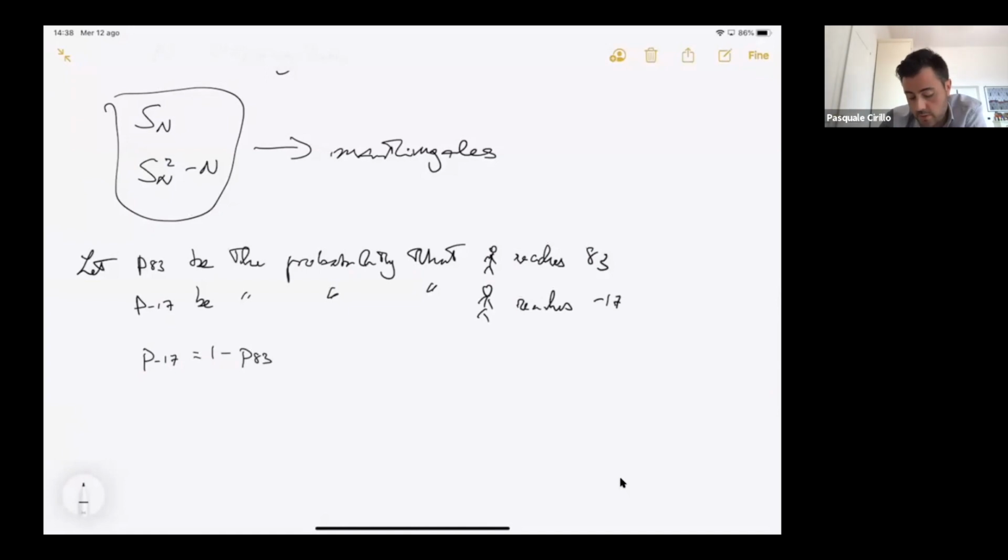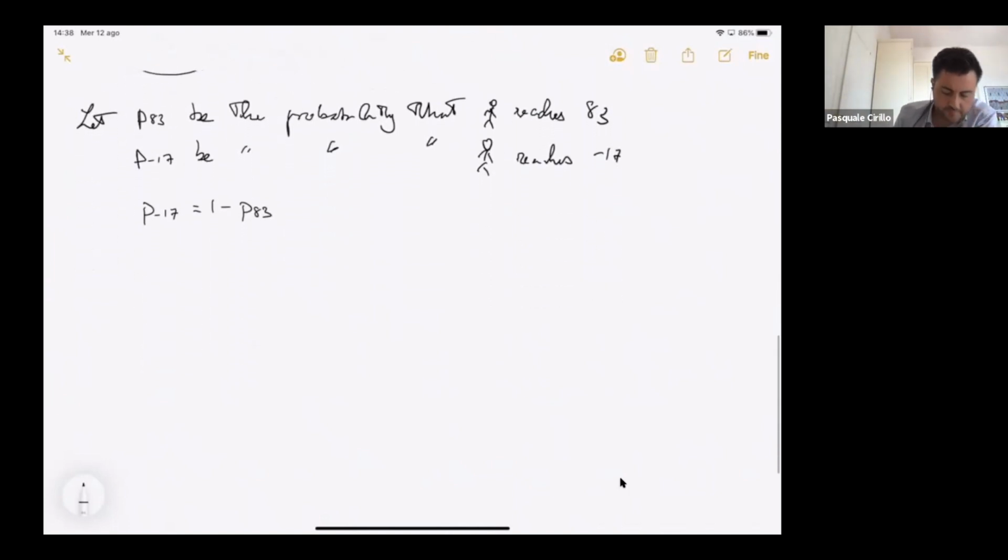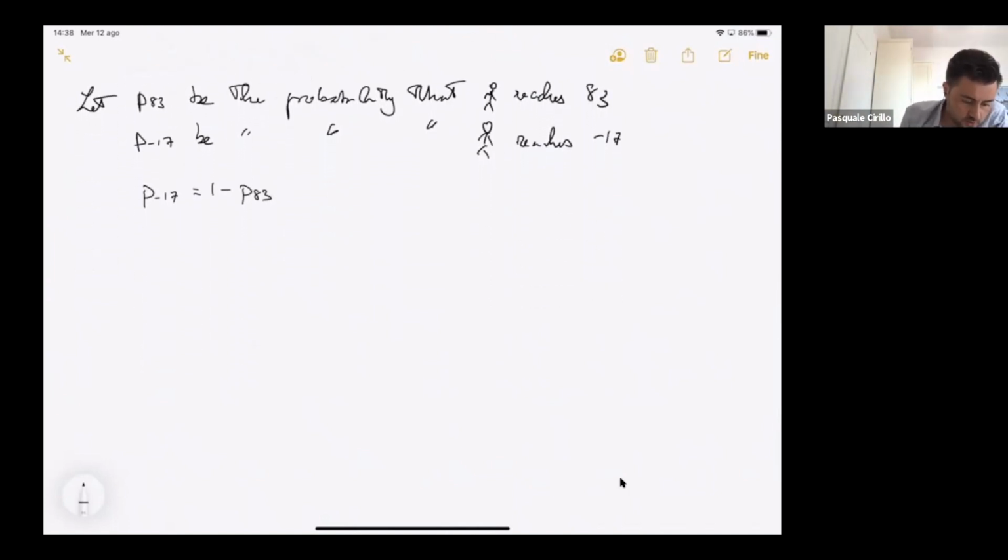We are interested in the probability of escaping from one direction, that for us is 83. Necessarily, the guy at a certain point will escape from one side or the other. So the probability of escaping from one side is equal to 1 minus the probability of escaping from the other. So if we are interested in P83, P minus 17 is just 1 minus P83.